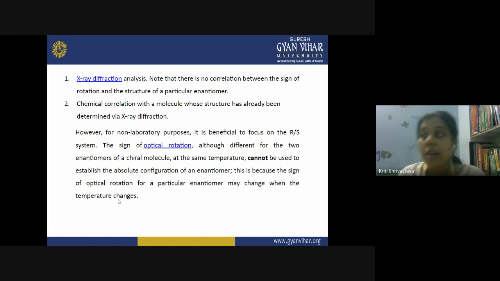Suppose you have changed the temperature, then the same sample which was earlier rotating the light to the left hand side in the minus direction now starts rotating the light to the right hand side in the plus direction. So it is not related to the structure of the enantiomer. Rather, many other factors are involved, so we should not consider only the sign of the optical rotation.